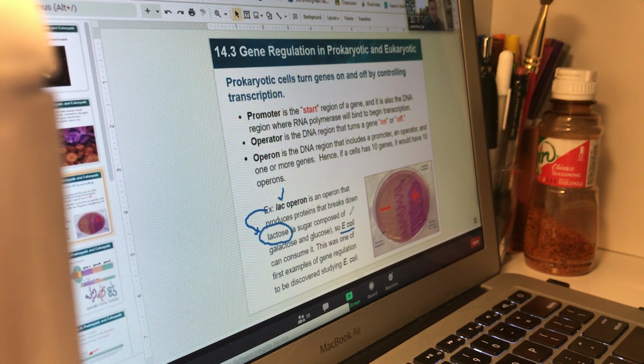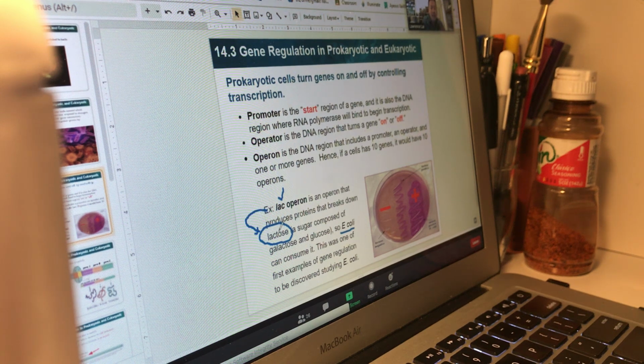When E. coli interacts with, let's say, a certain food type for them to eat, let's say you take lactose, which is a type of sugar, by the way, found in milk. If you take E. coli and you put it in lactose, E. coli cannot eat lactose.